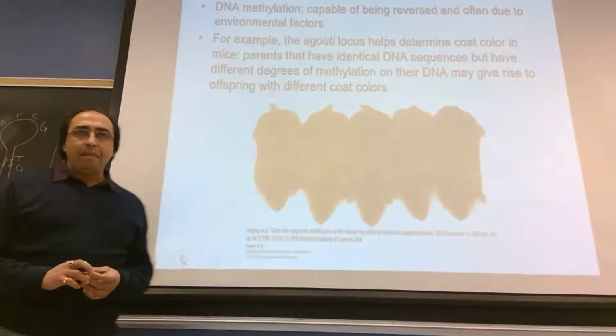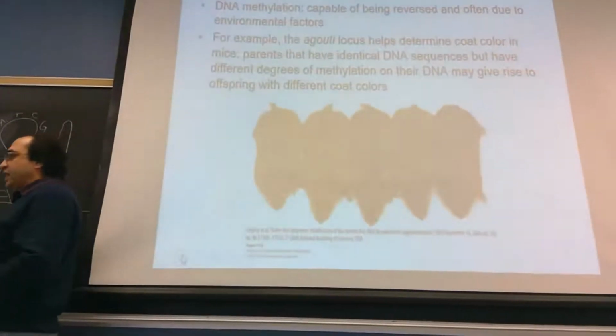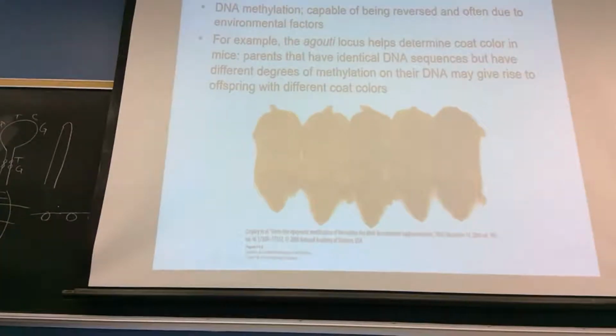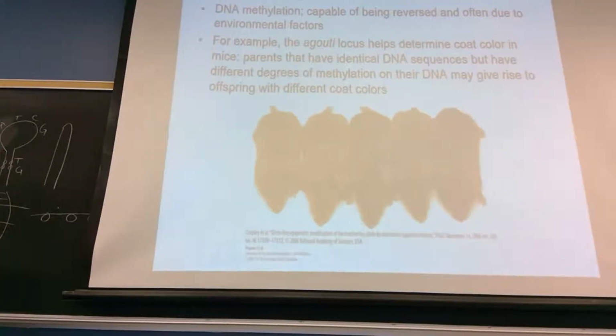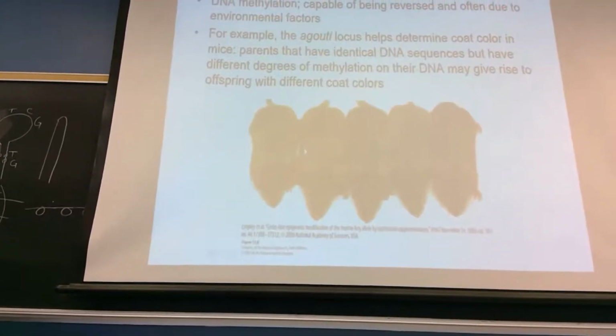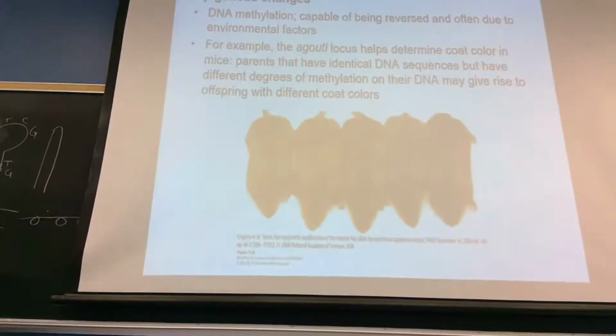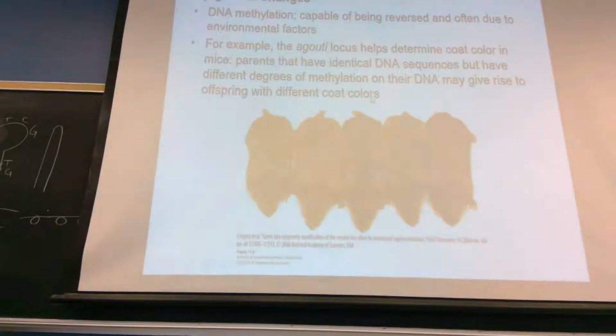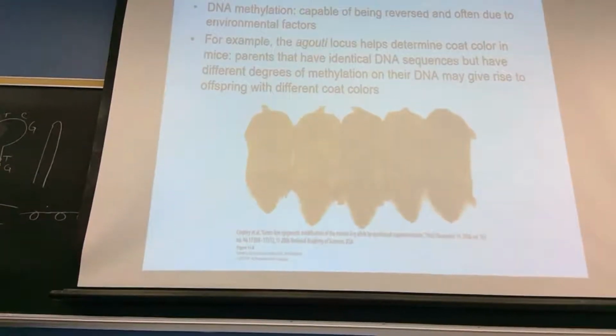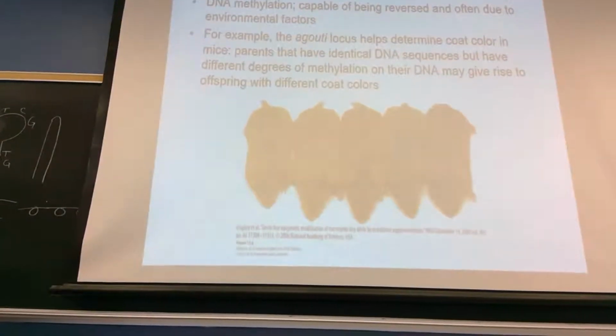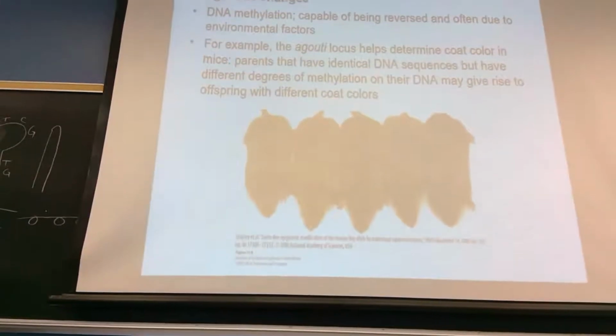Another is called epigenetic changes. This is the agouti locus in mice. This agouti locus determines the coat color in mice. If the parents have identical DNA sequences but different degrees of methylation, then they can create different coat colors.